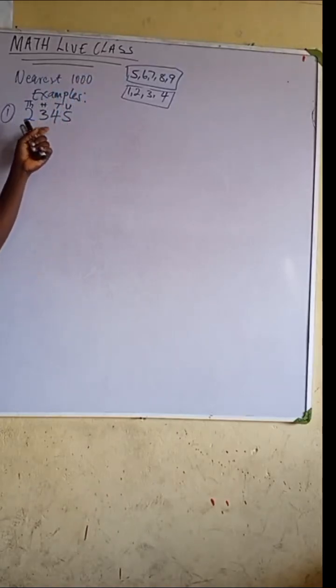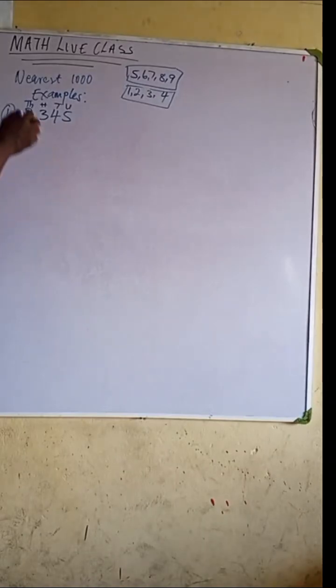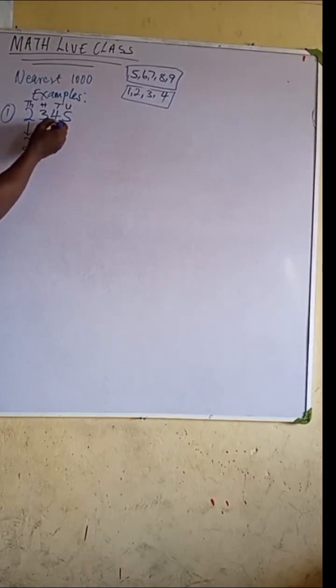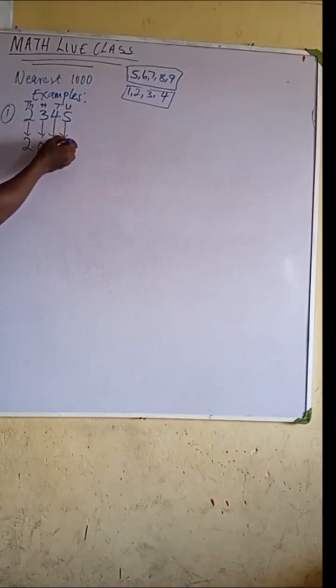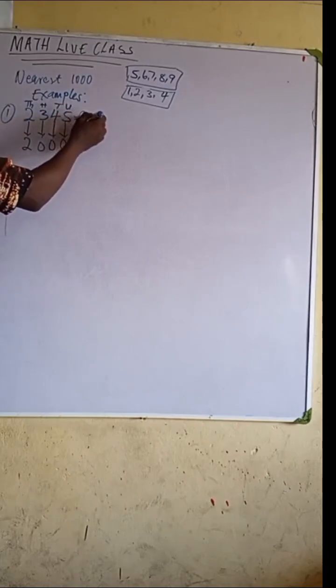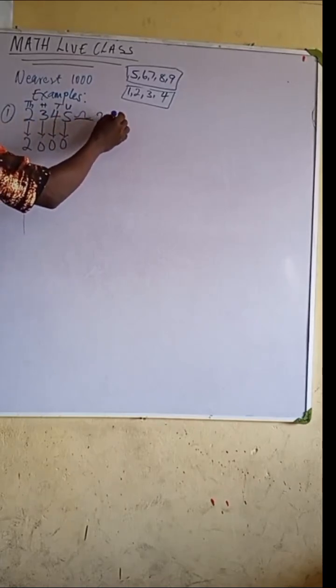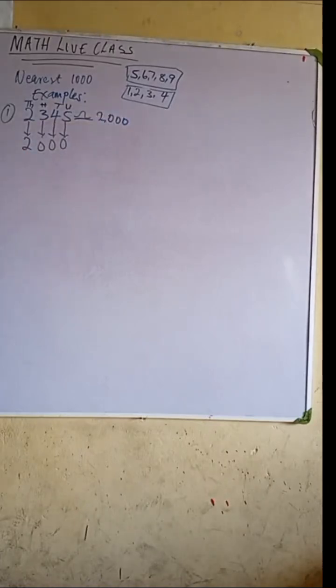So since it's not up to a number you can round up to 1, the 1,000 digit remains the same, which is 2. Then we replace other ones with 0. So this gives us 2,000 to the nearest 1,000. I hope you are following.